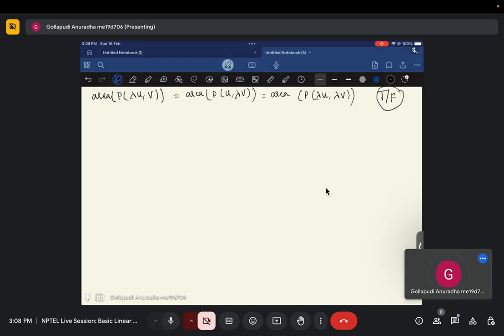What do you think? False. Yeah, so what is the right statement? Lambda square times the area.